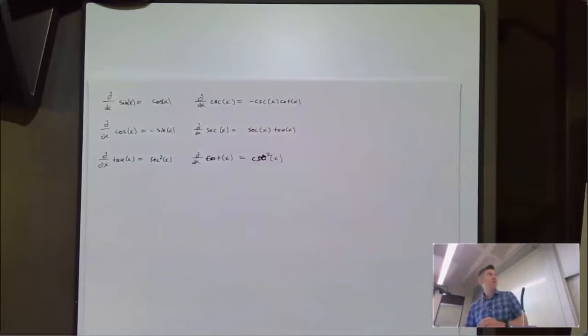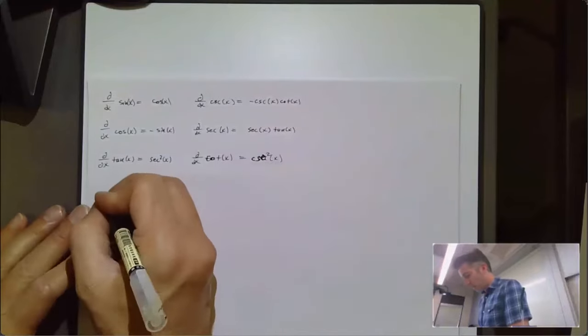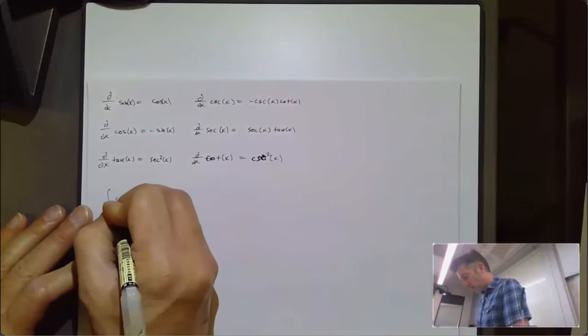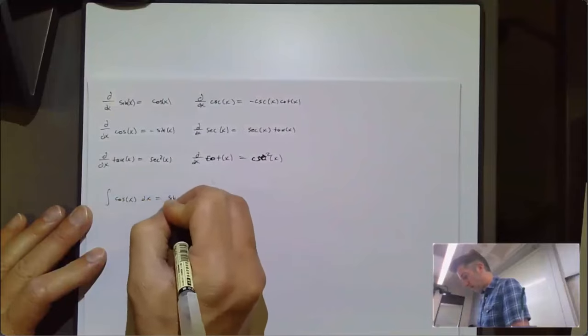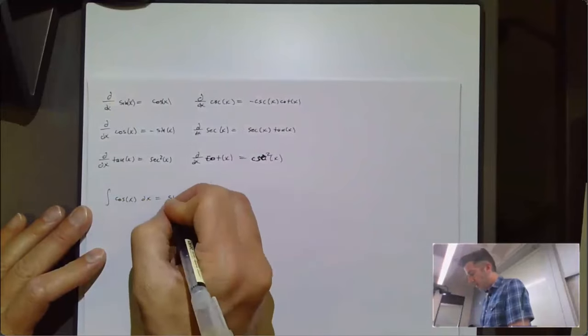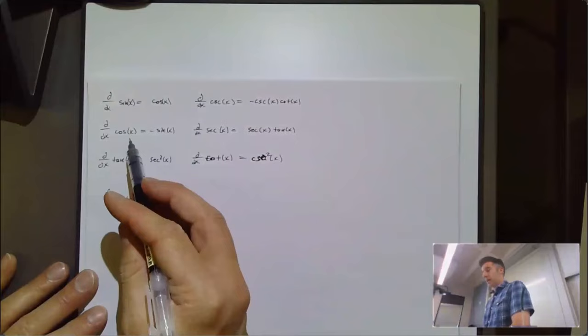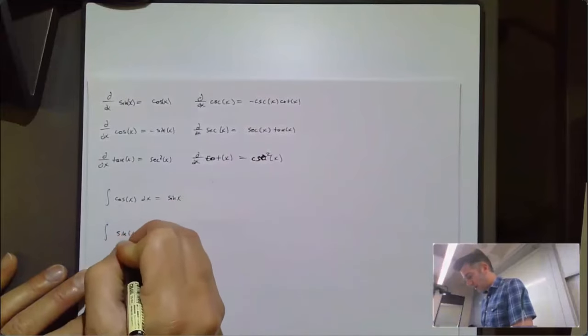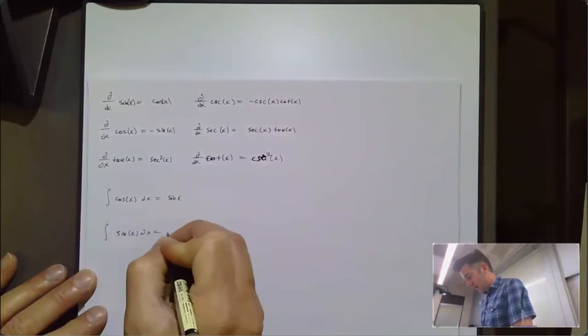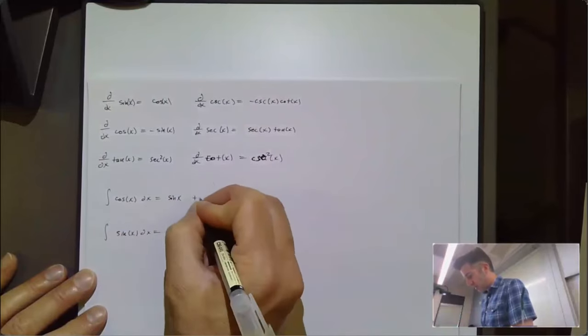So writing this down, you automatically know 6 integrals. We know that the integral of cosine of x is equal to sine of x. And I'm not going to say the integral of negative sine is equal to cosine. I'm going to say that the integral of sine of x is equal to negative cosine of x. And yes, I should put on a plus c.